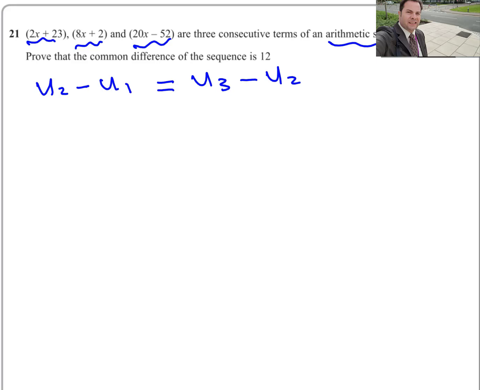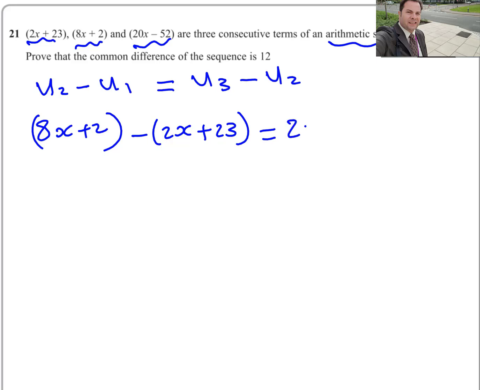Let us start to replace: u2 is 8x plus 2, minus 2x plus 23, equals u3, which is 20x minus 52, minus u2, which is 8x plus 2.